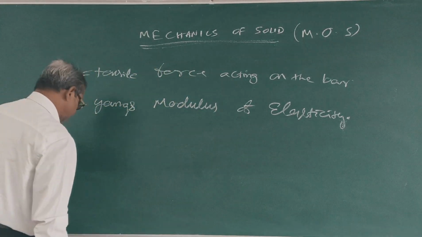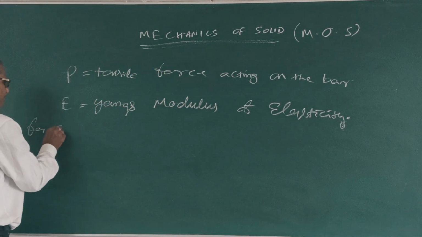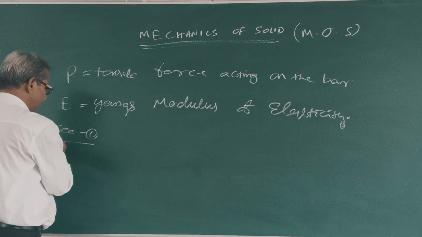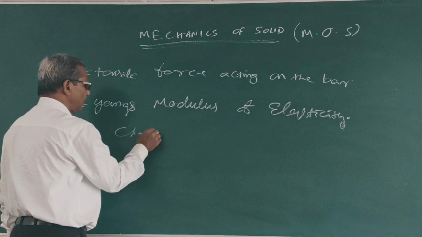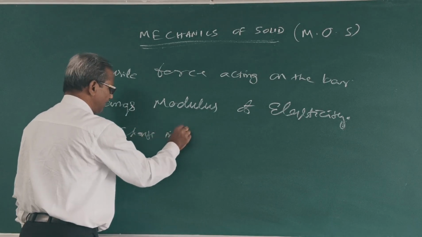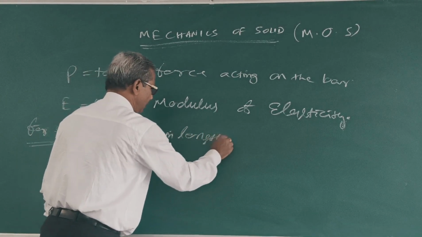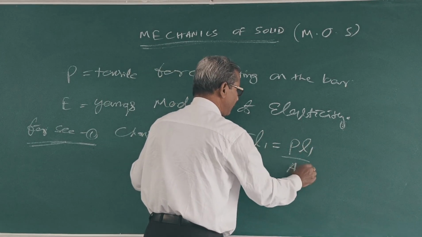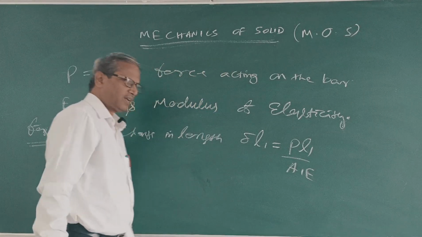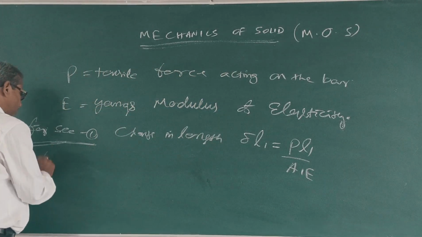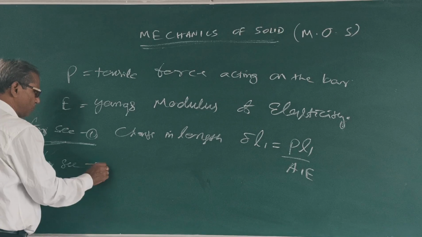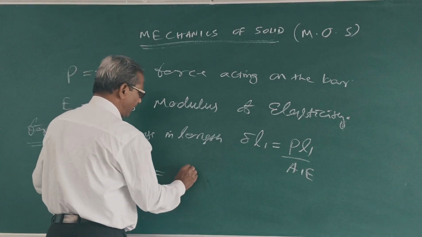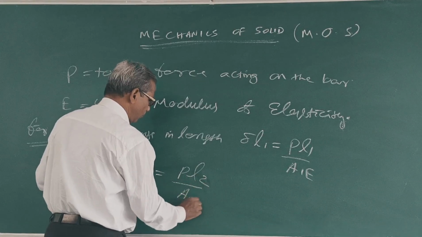Now for section 1, the change in length, delta L1, is equal to PL1 by A1E. Clear? For section 2, delta L2 is equal to PL2 by A2E.